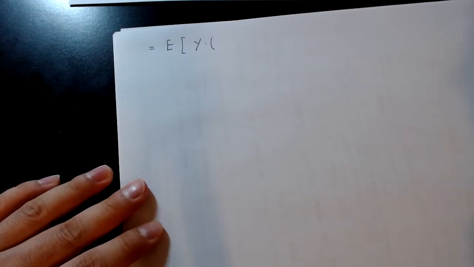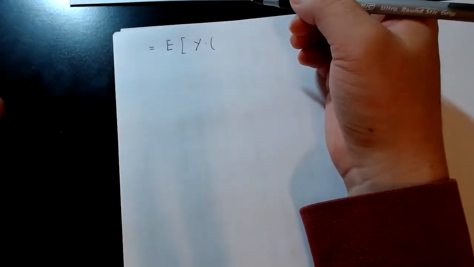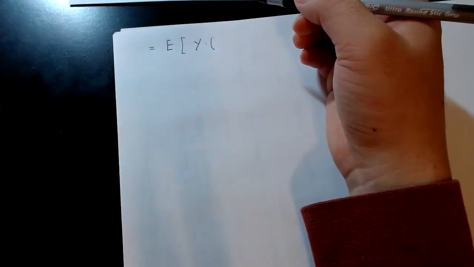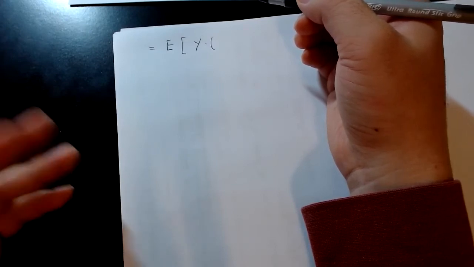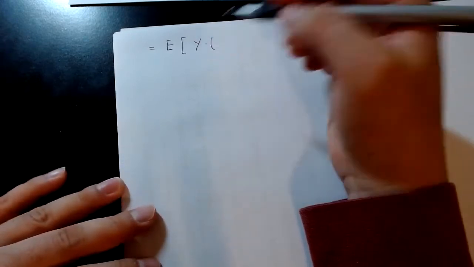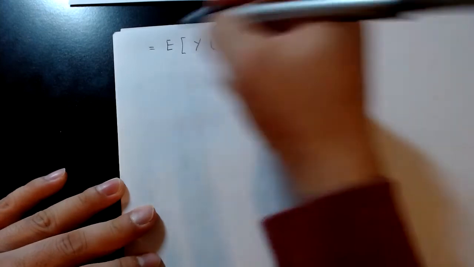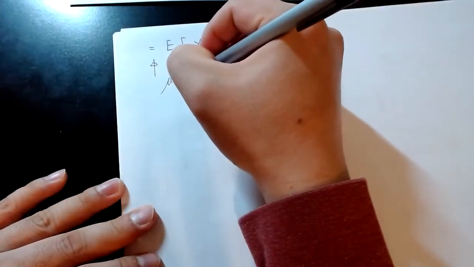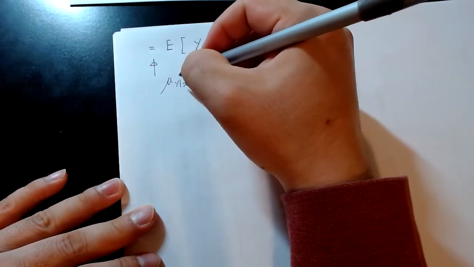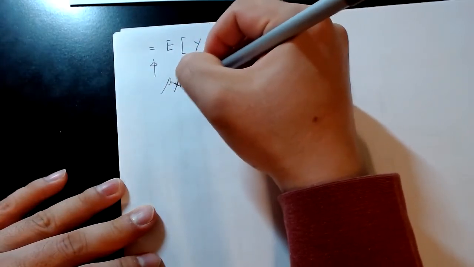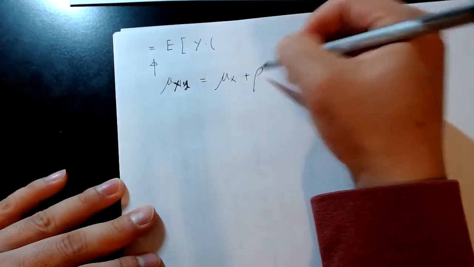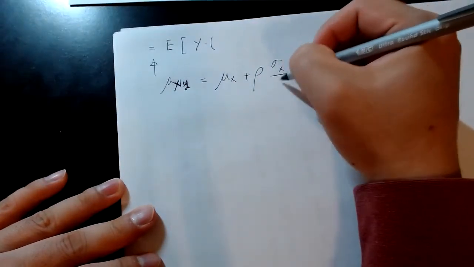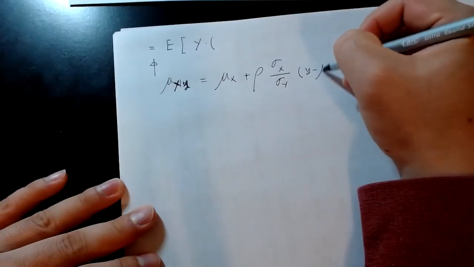In the textbook they introduced that when X and Y are bivariate normal, the conditional distribution of X given y is normal with mean mu_{x|y}, which is equal to mu_x plus rho sigma_x over sigma_y times (y minus mu_y).